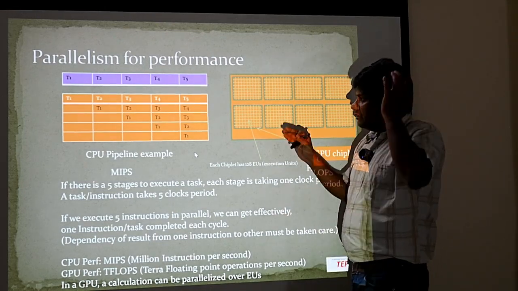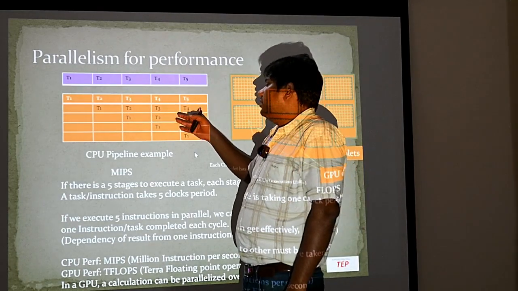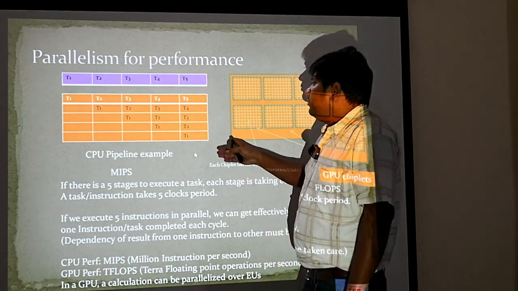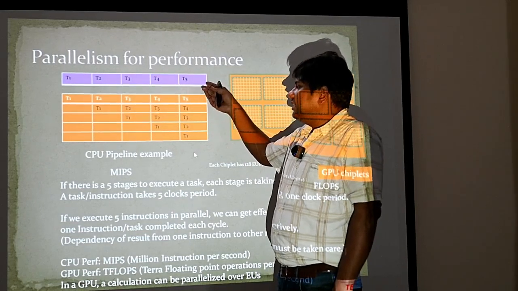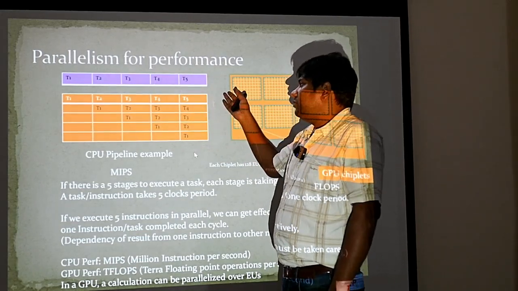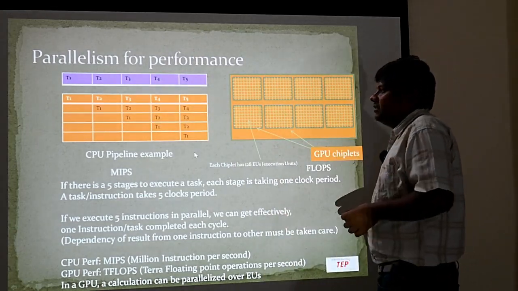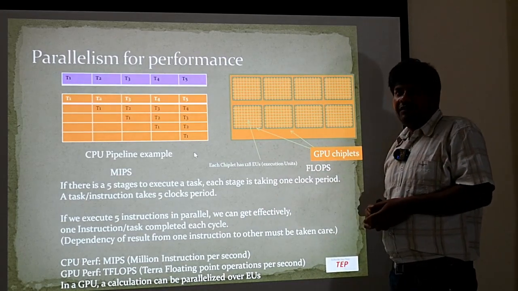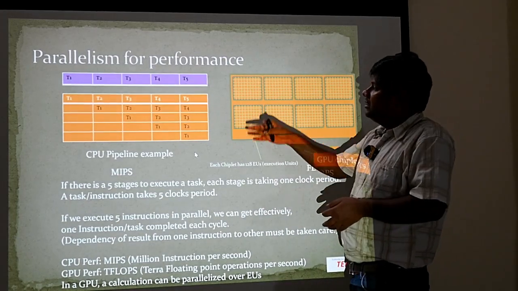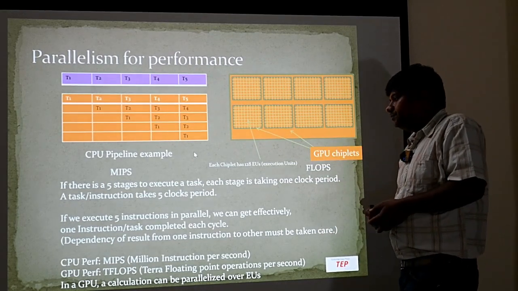But here what we want to understand is that using this parallelism, the net effect will be that each instruction is executed in 1 clock cycle rather than 5 clock cycles, because 5 are being executed simultaneously one after another, and the net effect is that in one clock cycle we are executing one instruction. So this is a technique we are using for improving performance.